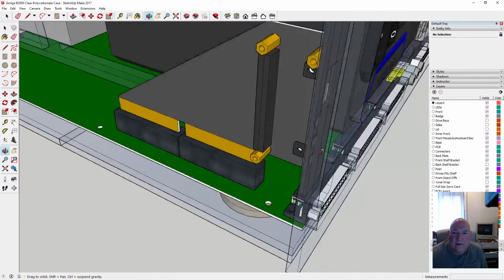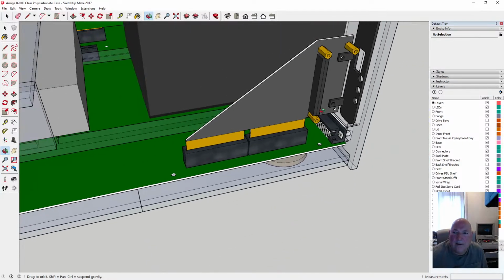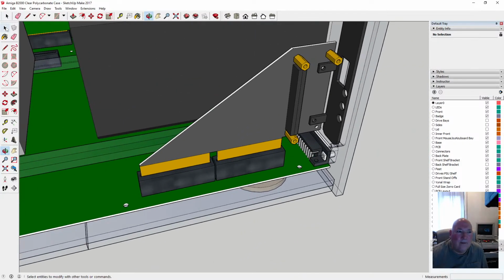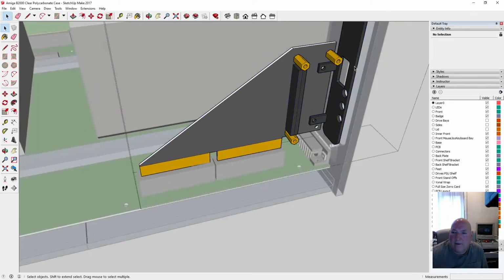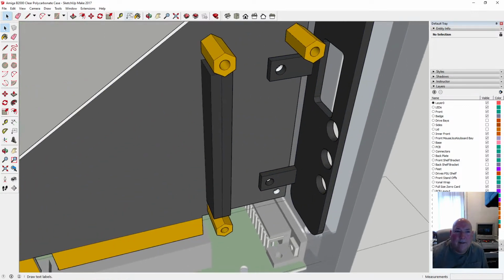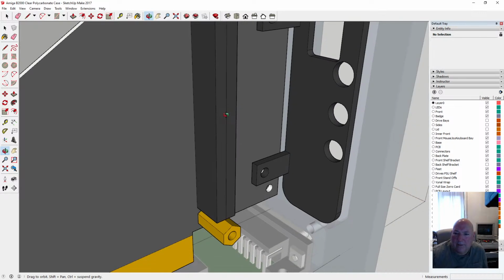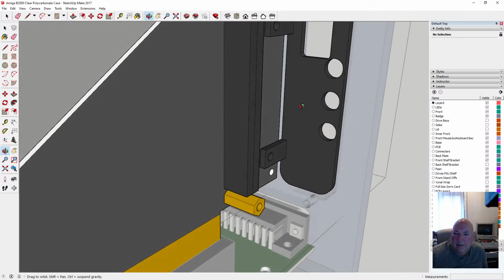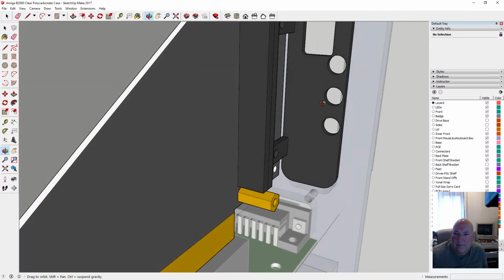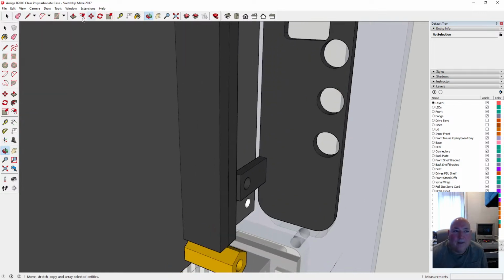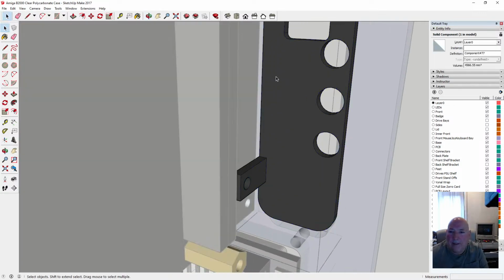Something doesn't look right either. Something doesn't look right. Unless it's the perspective. What have we got here? We've got 5mm there. 5. Oh, it is right. So we've just got to move them holes over. They're the wrong side. Everything else is good. So let's go into this bit.